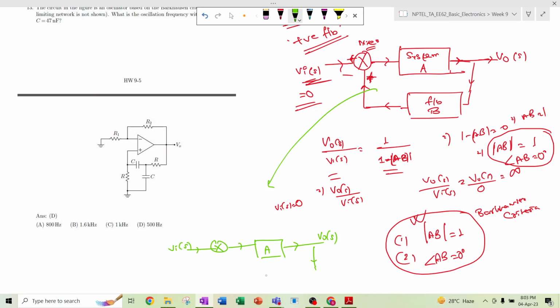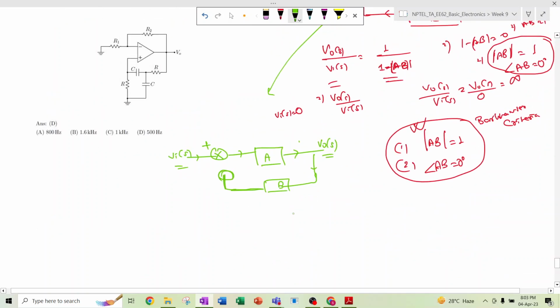Then again we have some feedback path B, and if we disconnect this path, then whatever is Vo(s) divided by Vi(s) will be the value of A.